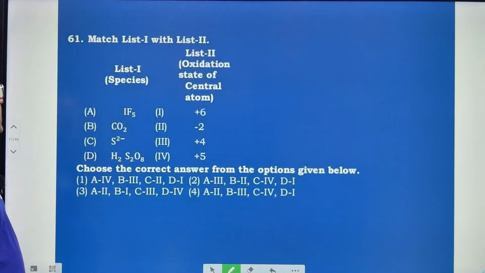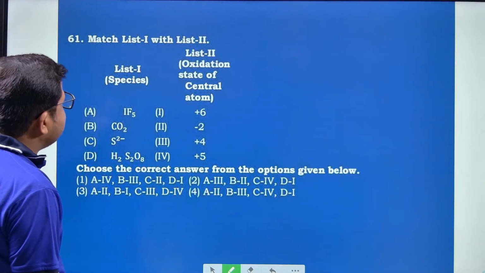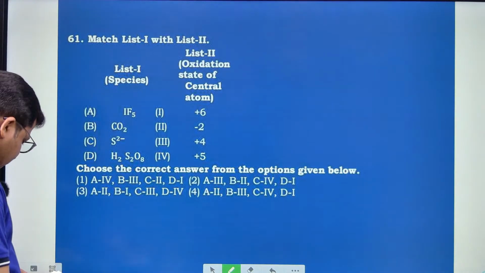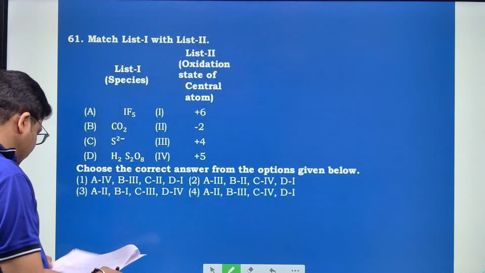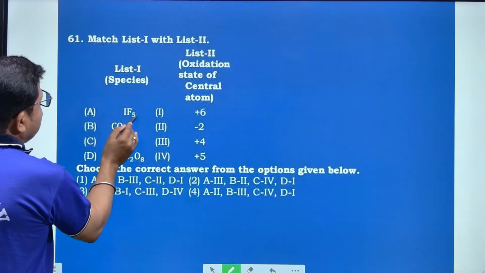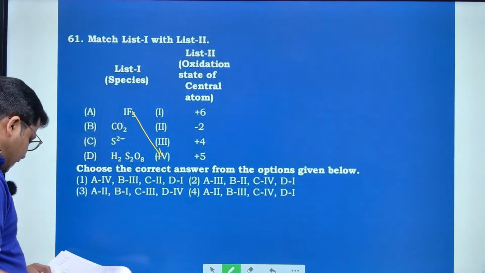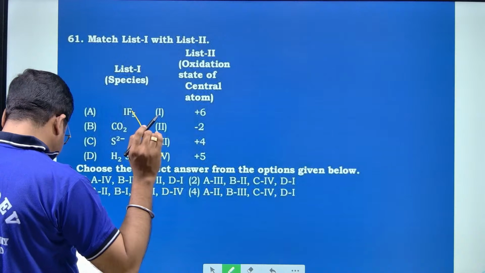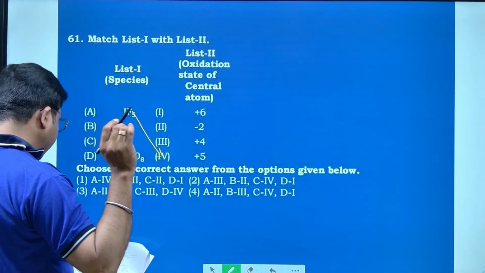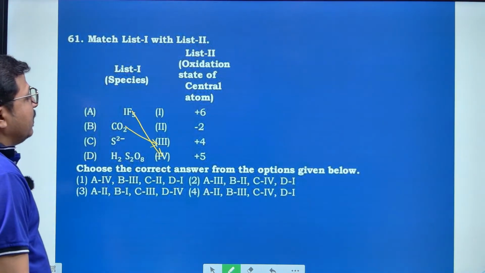Match the following, list 1 with list 2. They have given species and the oxidation state of the central metal atom. Here in the 61st question, option A matches with option number 4. IF5 has the central atom in +5 oxidation state, and option B is in connection with option number 3.